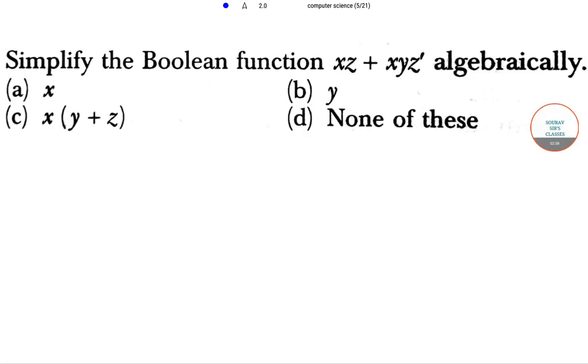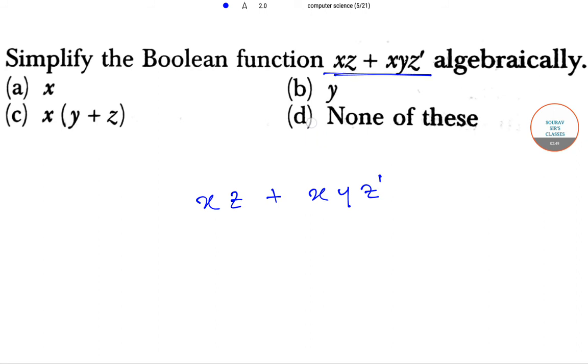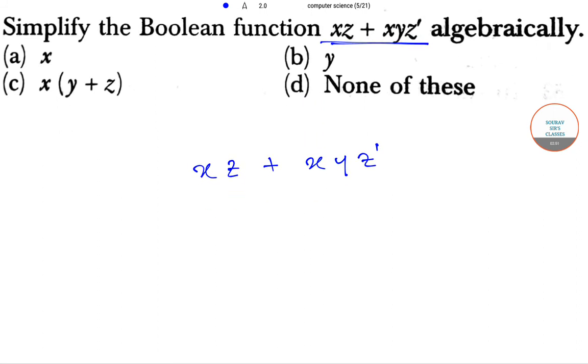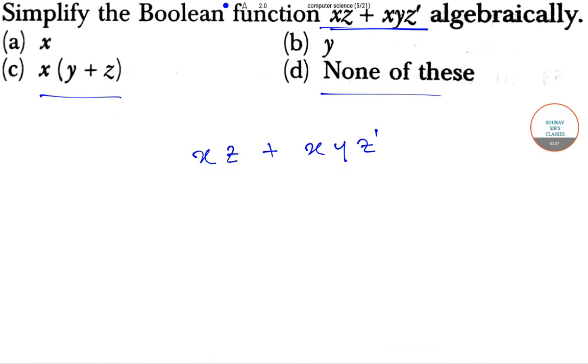So again this question is about the Boolean function, that is xz plus xyz dash, and we have to simplify this function algebraically. So here also we have four options. So let's solve or simplify this equation.